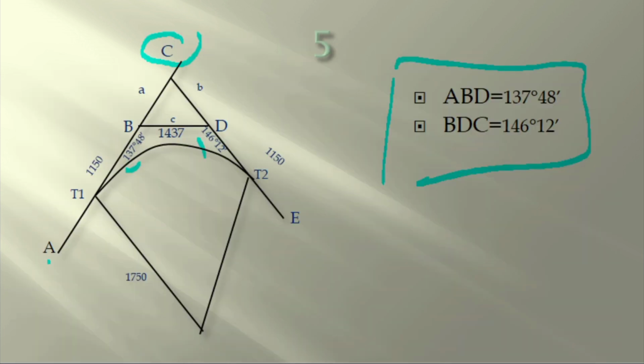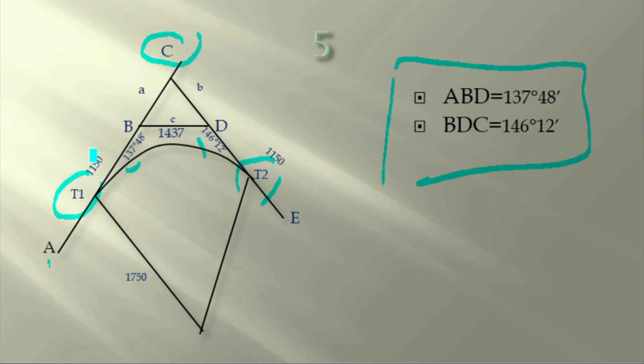Our tangent points are the first point of tangency and the second, or last, point of tangency. So we are supposed to calculate the distance from A to T1 and E to T2.